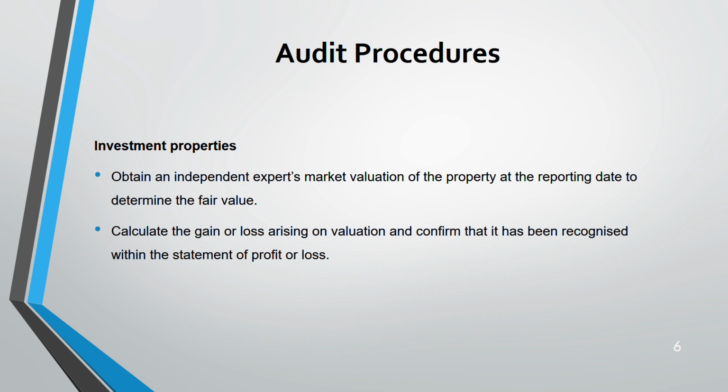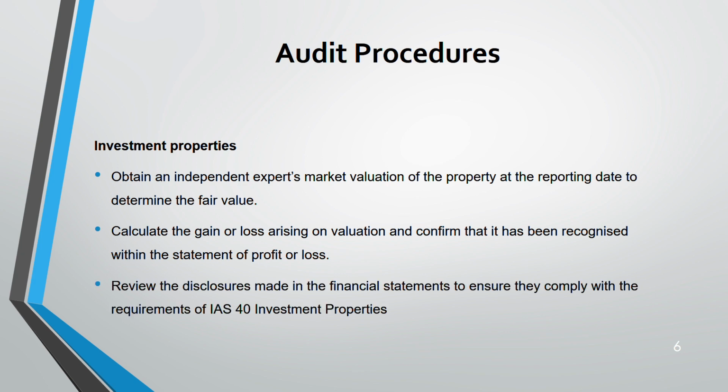Okay, you can calculate that gain and loss to see whether it agrees with what is there in the statement of profit and loss. And remember, this gain and loss goes to profit and loss. But in your property plant and equipment, we have seen revaluation gain and loss goes through other comprehensive income. That is the IAS 16 rule. But IAS 40 says statement of profit and loss. Okay. You see, at the end, they always use the rule IAS 40.